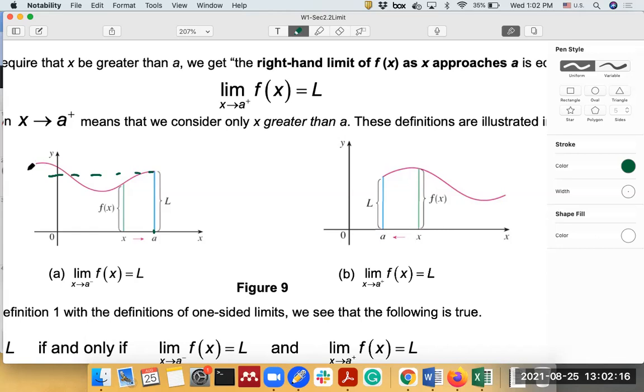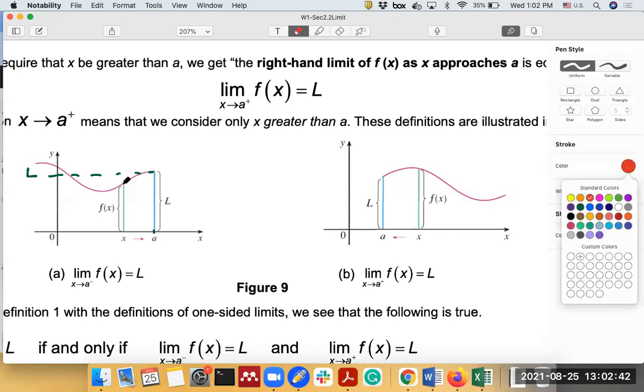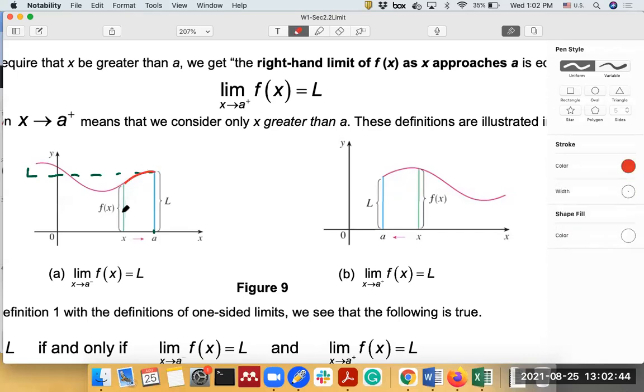Then on the y-axis, L should be at this position. It's on the curve here. Project to the y-axis. This should be L because it's defined like this. So when x goes from the left side of a, then f of x will go from this point in this direction. Okay, go like this. That's it.